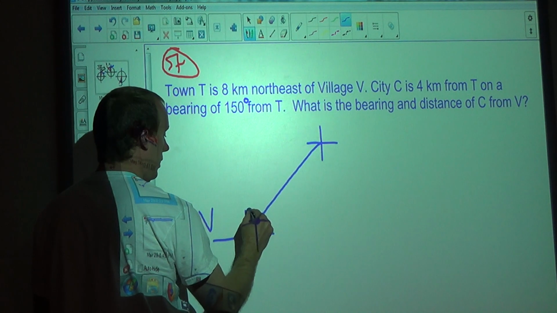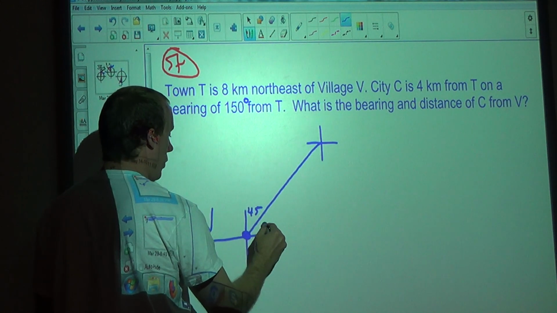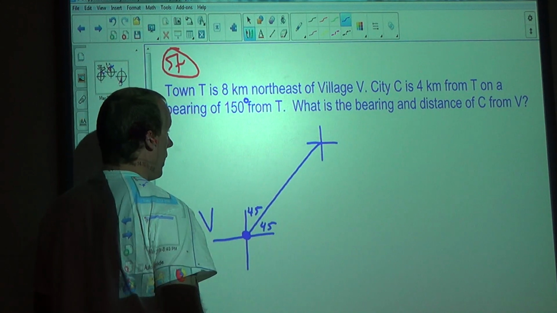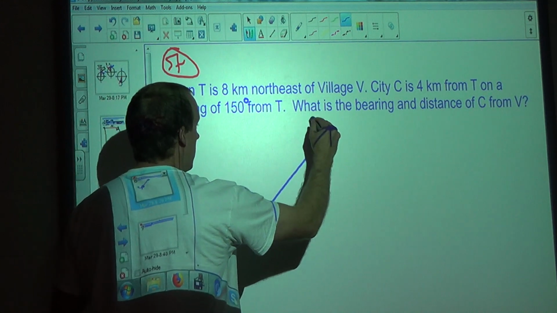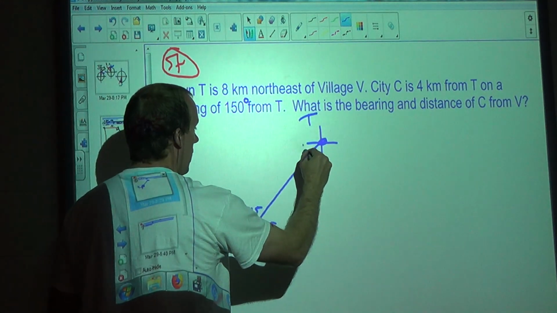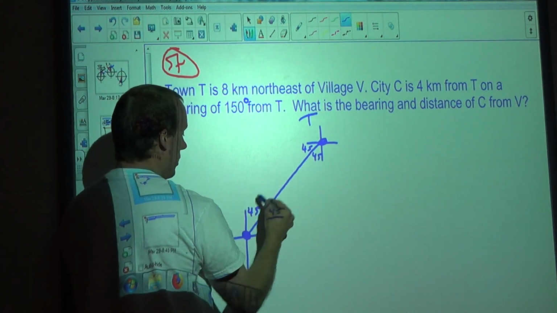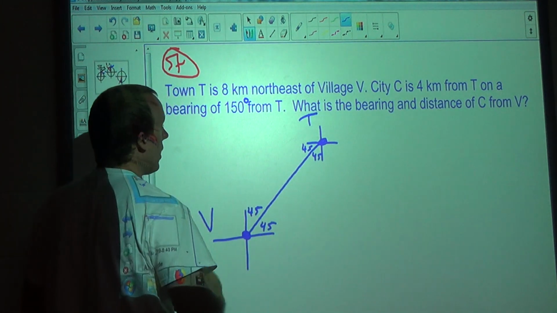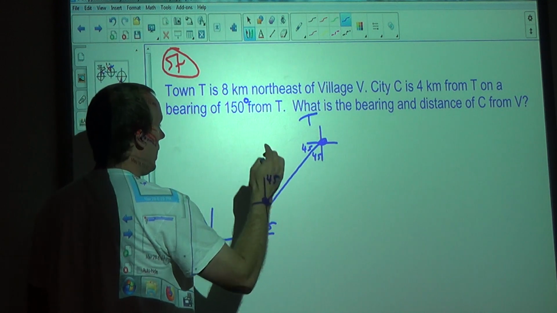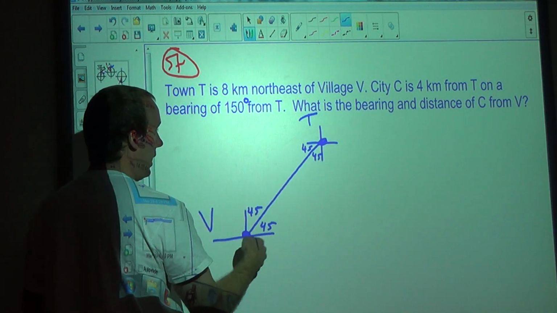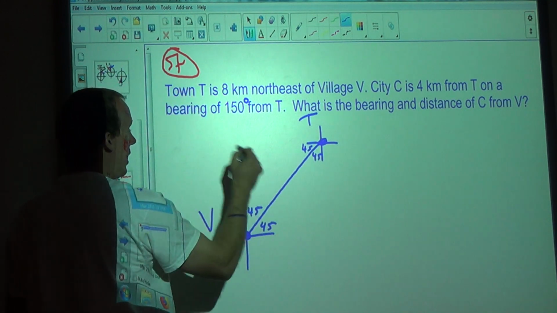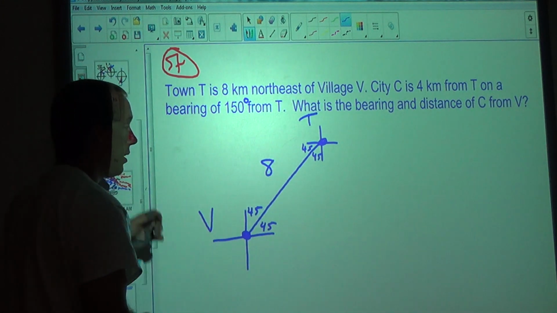North and east is normally split perfectly, so it's a 45 and a 45. Okay, town T is going to be here. And now I know these angles are both also 45 because they're alternate interior angles. Okay? And it's 8 kilometers, so I can put an 8 there.